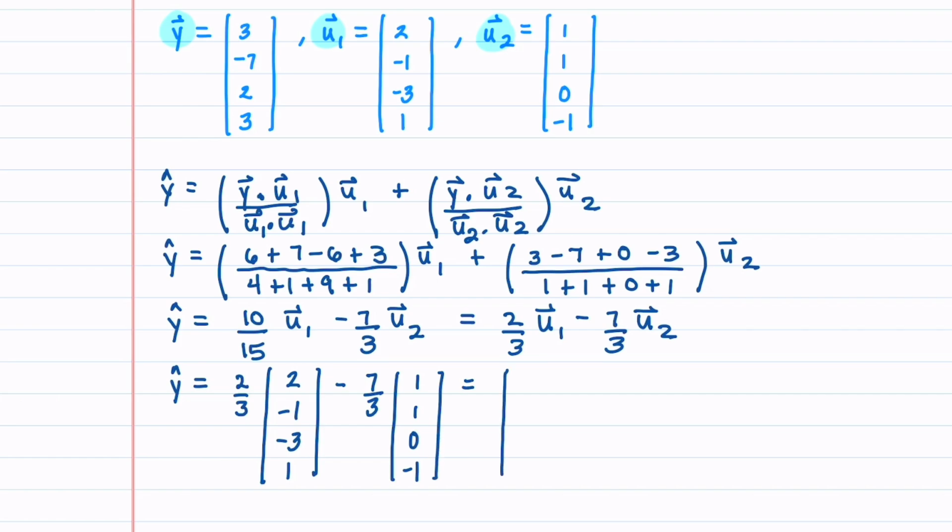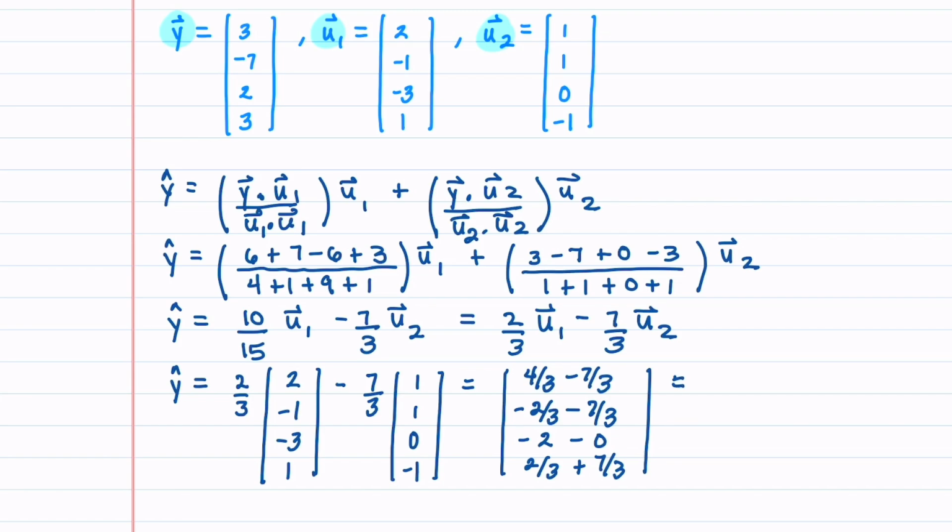If we add these two vectors up, we're going to get 4/3 minus 7/3, and then -2/3 minus 7/3. And then we get -2 minus 0. And then for our last component, we have 2/3 plus 7/3.